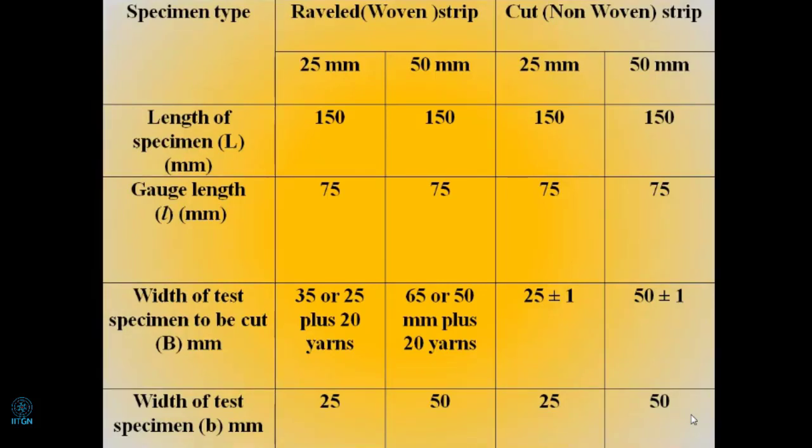In the case of woven, for the smaller width it is 25 mm plus 20 yarns, and for the larger width it varies from 65 or 50 mm plus 20 yarns. For non-woven, the width of the test specimen is 25 or 50 mm as per the requirement of the product.